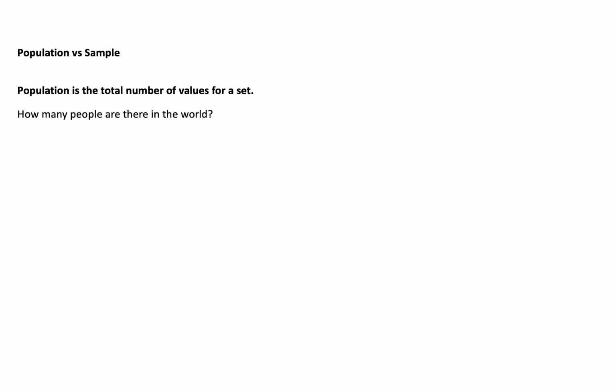And that would make sense. Now, the sample is a subset of the values within a population. So you could think about a sample as how many people are there in Paris today. It is essentially a portion of folks that are representative of a population. So that's a very important thing to keep in mind as we look into the arithmetic mean.